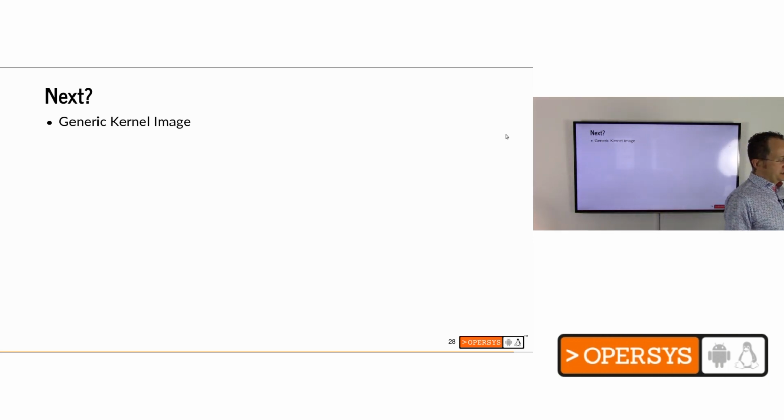One thing that I'll give you as a heads up, moving forward, in future versions of Android, the next big thing to happen will probably be the generic kernel image, and it's not me saying it, it is actually part of some of the discussions that are ongoing.